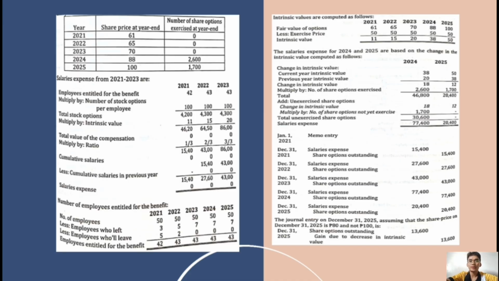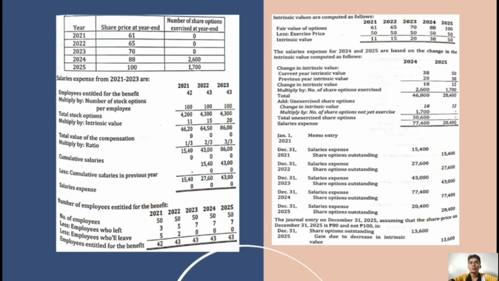Some employees are expected to leave in future years. The final number of employees entitled to stock options is 42 in 2021, 43 in 2022, and remains 43 until 2025. So let's proceed to the second picture.